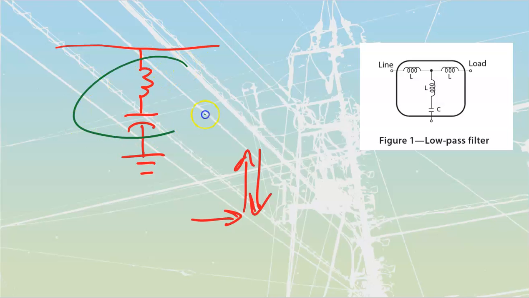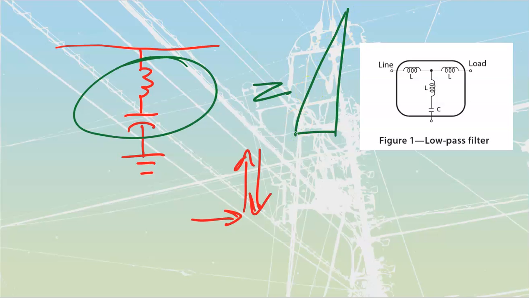What we'll do is size the actual inductor and the capacitor. They'll be engineered to be sized so that at 60 hertz, there is going to be a fairly large Z. So if I take a look at my Z at 60 hertz, we'll actually draw it like that. At 60 hertz, my Z might look like that.